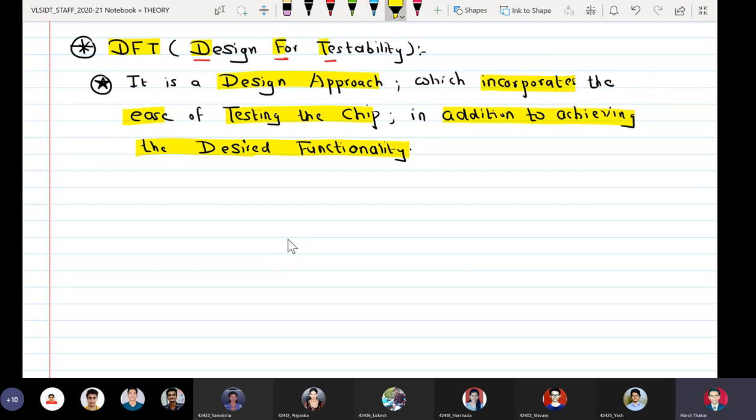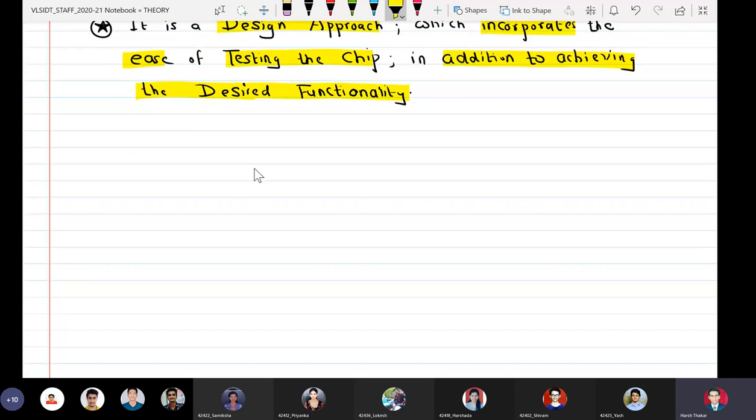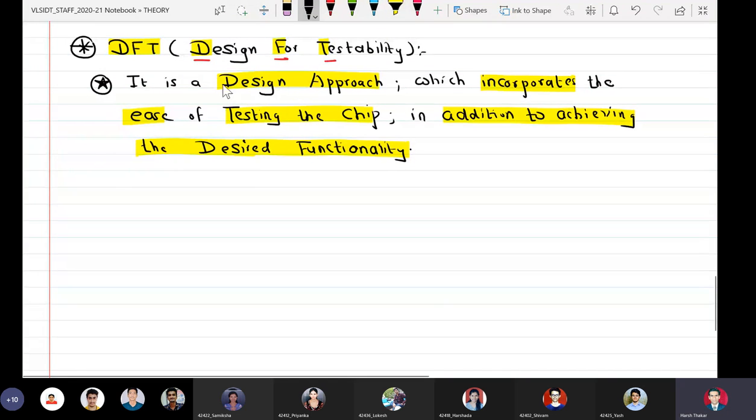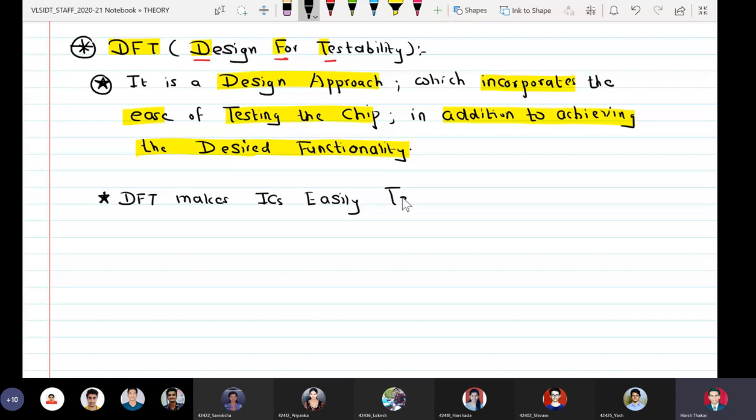So many techniques were used, but as and when the number of transistors started increasing, this bed of nails testing, voltage probe testing, all of them proved to be very inefficient, and they had to come out with special design approaches which we call design for testability. Got the point? So this particular approach makes the design easily testable. So DFT makes ICs easily testable.